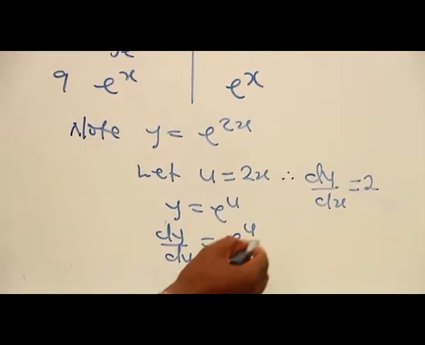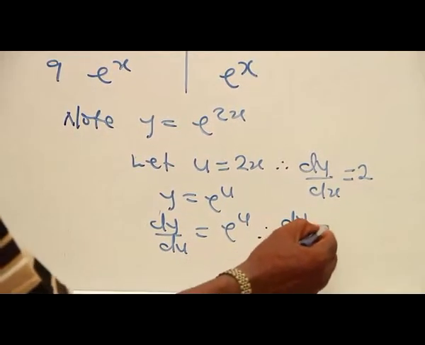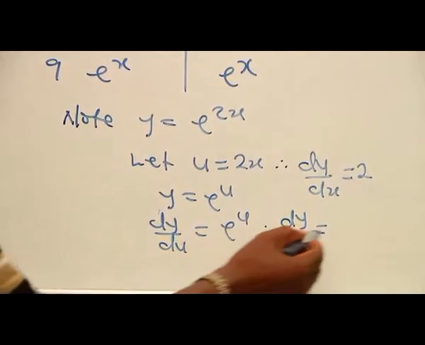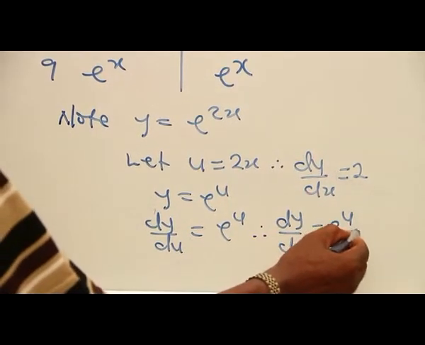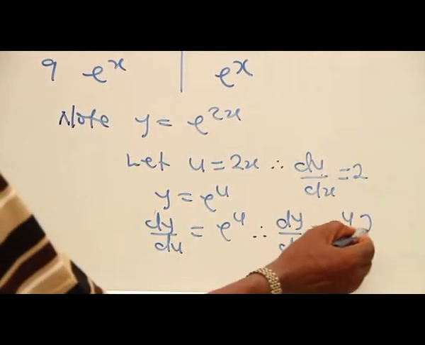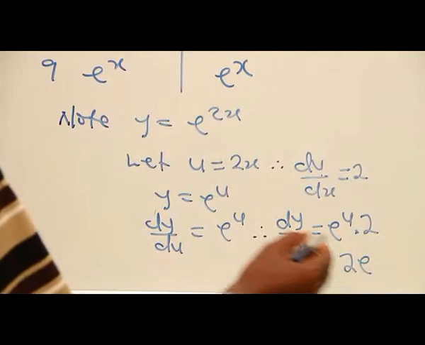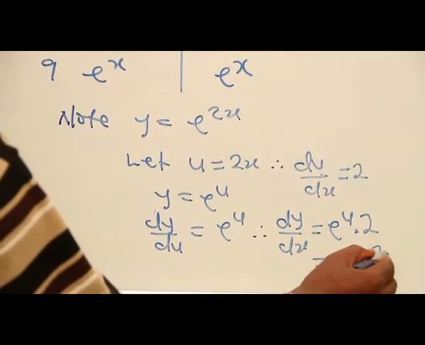So in conclusion, dy over dx will be equal to dy over du, which is e raised to power u, times du over dx, which is equal to 2. And that will give you 2 times e raised to power 2s.